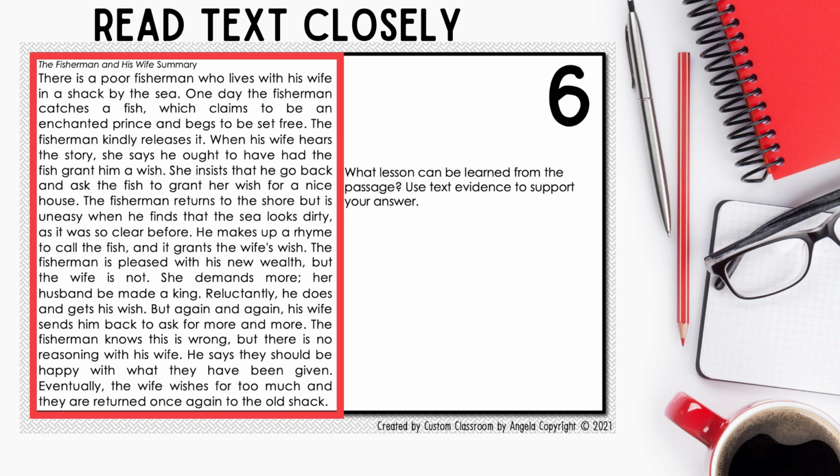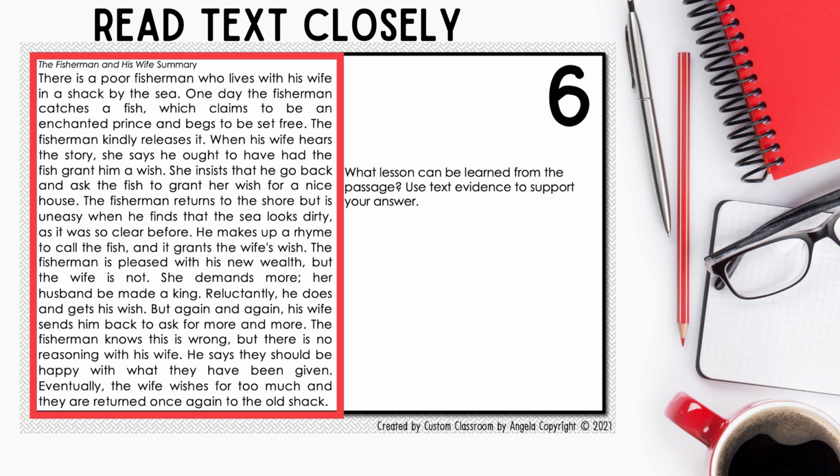The Fisherman and His Wife. There is a poor fisherman who lives with his wife in a shack by the sea. One day, the fisherman catches a fish, which claims to be an enchanted prince and begs to be set free. The fisherman kindly releases it. When his wife hears the story, she says he ought to have had the fish grant him a wish. She insists that he go back and ask the fish to grant her wish for a nice house. The fisherman returns to the shore but is uneasy when he finds that the sea looks dirty, as it was so clear before.